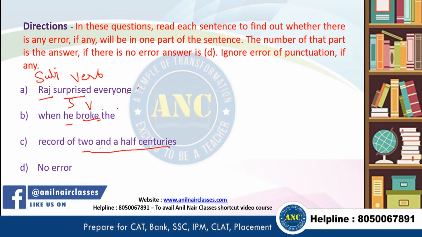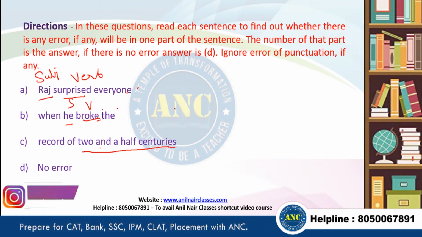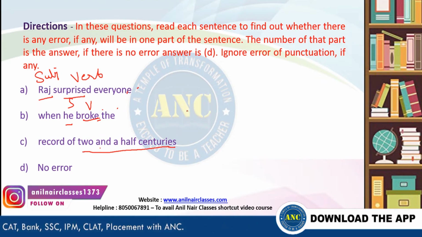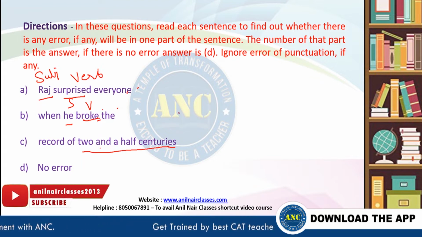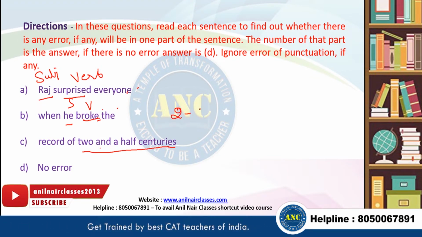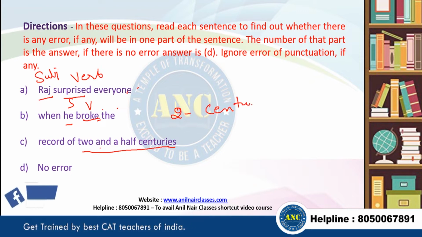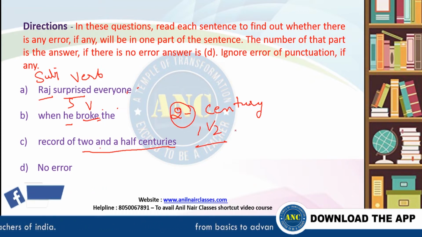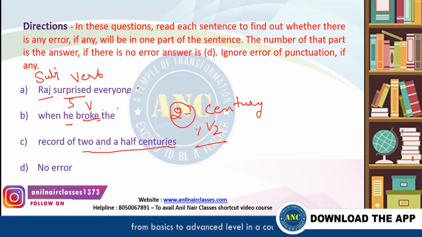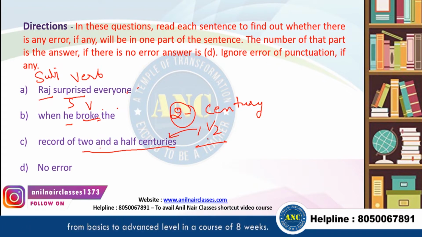Yes, all of you are very fond of watching cricket. What you will say? Sachin made 1 century, 2 century or 2 centuries? Sachin made 2 centuries. So how Sachin made 2 is there, and then you say century. So 2 is also plural. 1.5 also is plural. Then why exactly you are doing that partiality, centuries with 1.5?